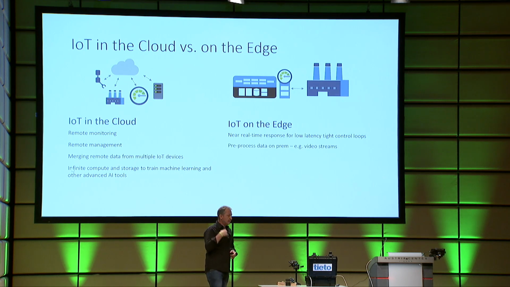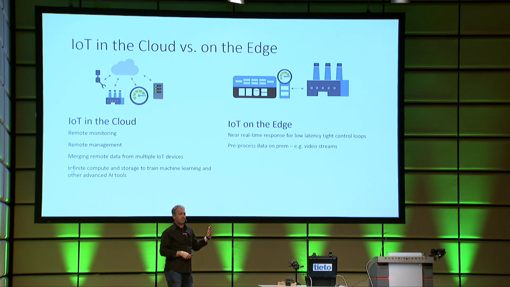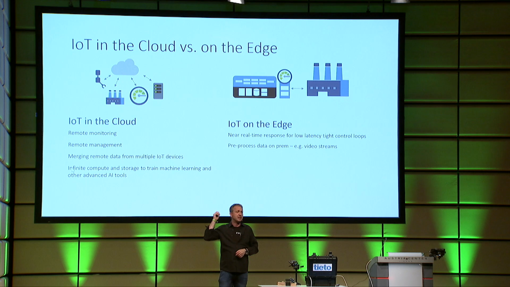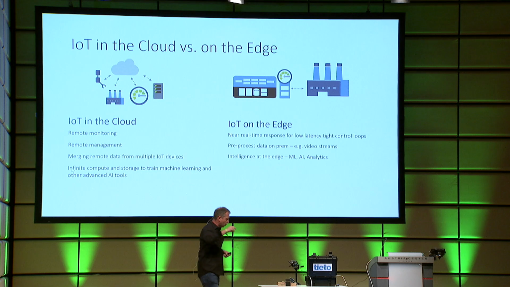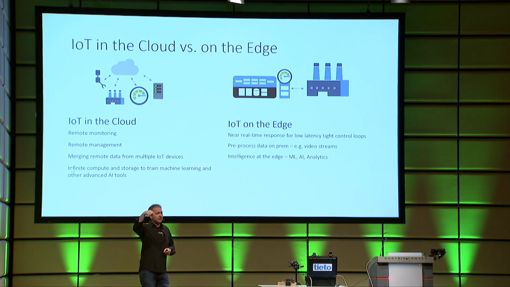Another scenario would be if you want to pre-process your data. Microsoft did an amazing showcase at the Build conference in Seattle last week, where they did image recognition. And I guess it's obvious that if you need to transfer data of a video stream or many video streams, it would cost way too much bandwidth, right?